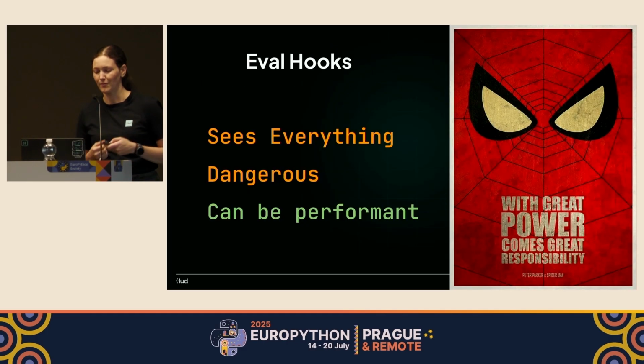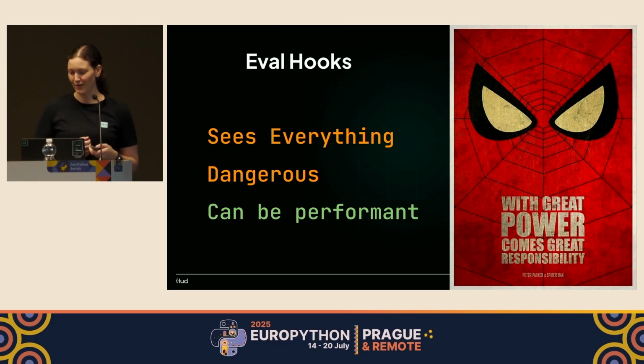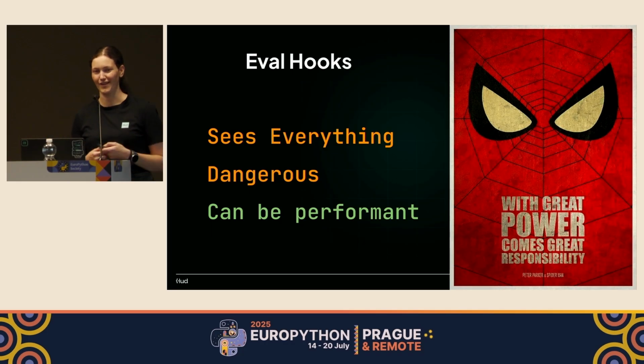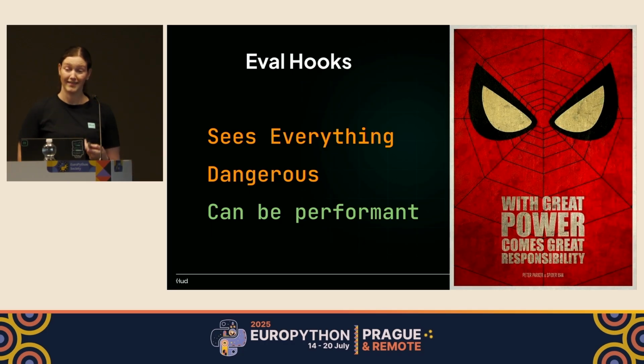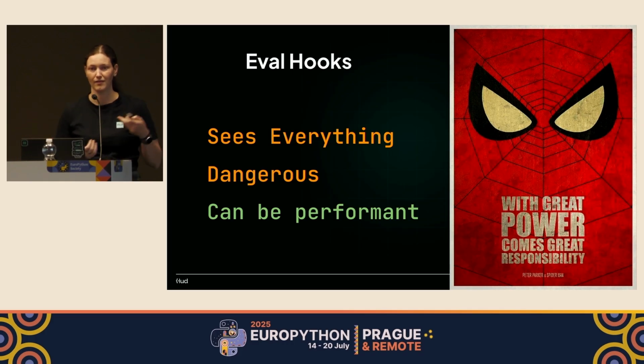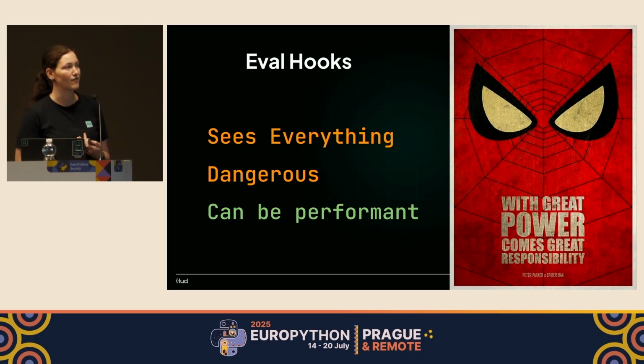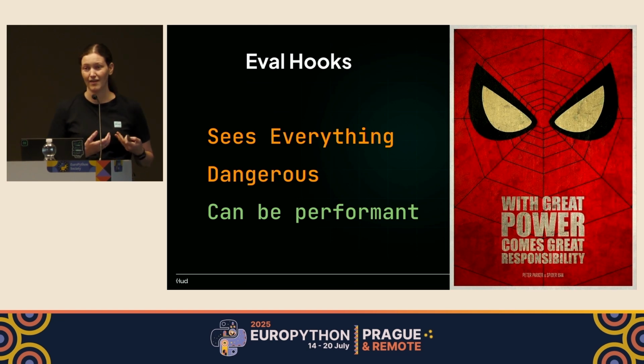So the problem with eval hooks is that with great power comes great responsibility, as we've learned in various cultural remarks. We can see everything, which, as we described before, could be a good thing, could be a bad thing, but it is very, very powerful. They are rather dangerous. Again, we're writing C code. We can do whatever we want.